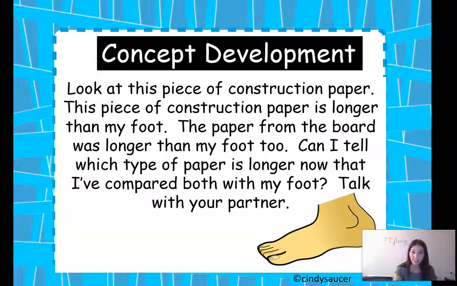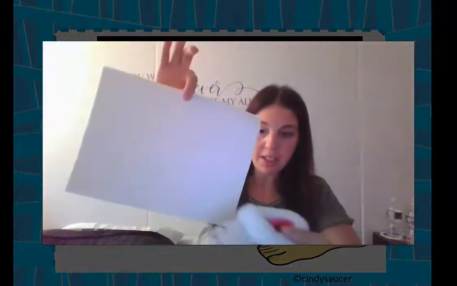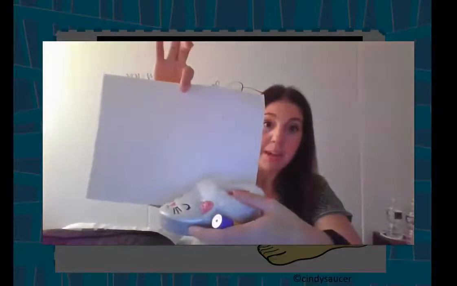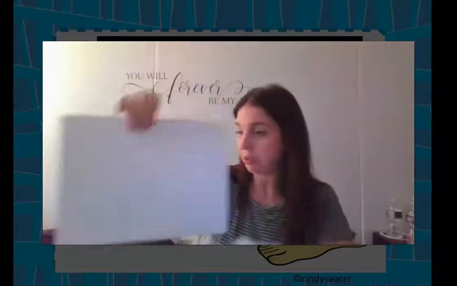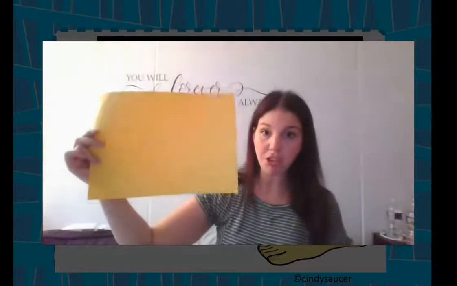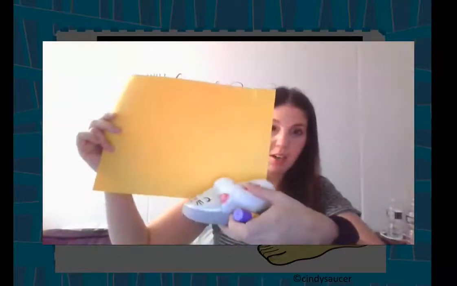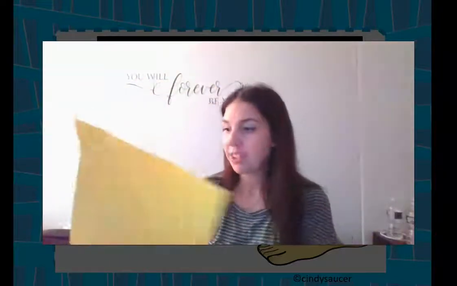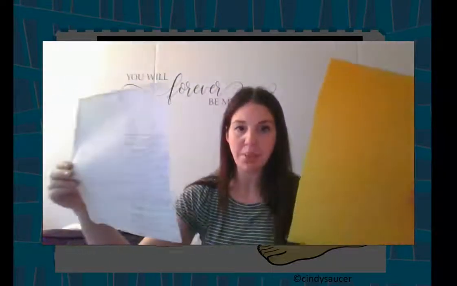Okay, so now we're going to look at, so we already did the piece of paper and we figured out that the paper is longer than the shoe. Now we're going to look at a piece of construction paper and our shoe. And the construction paper is longer than the shoe again. So if we look at these two, can we tell which one is bigger?